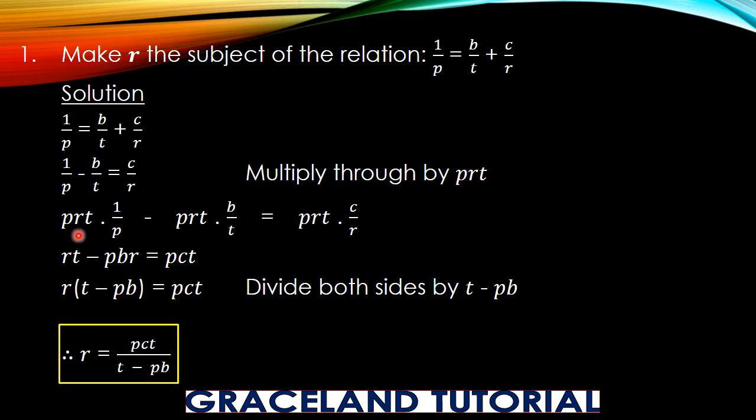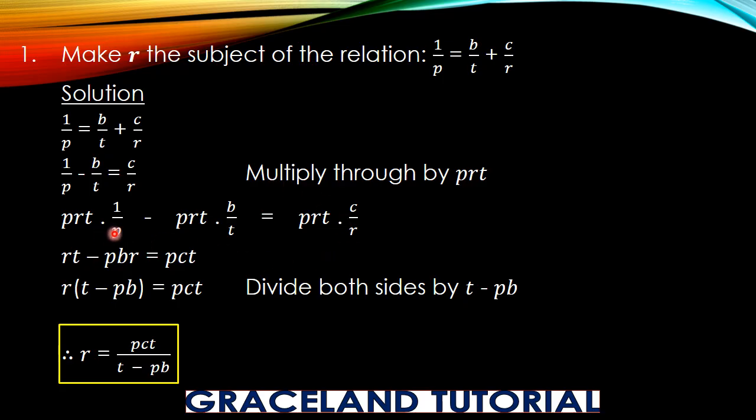Now, PRT multiply, the dot you have here means times. So PRT times 1 over P minus PRT times B over T is equal to PRT times C over R.